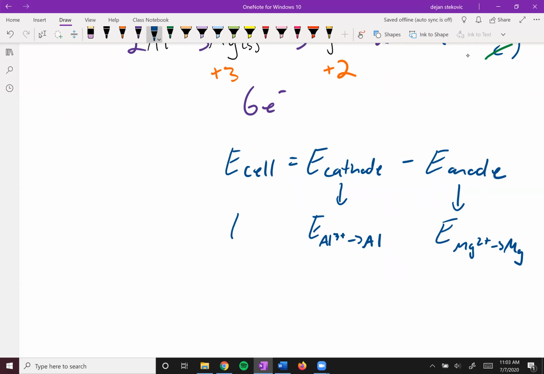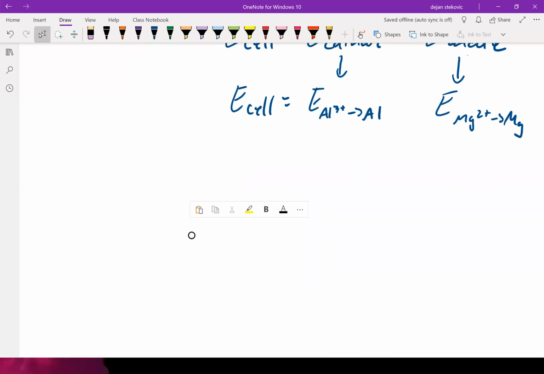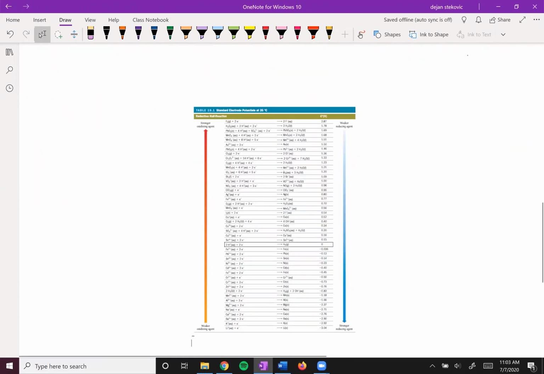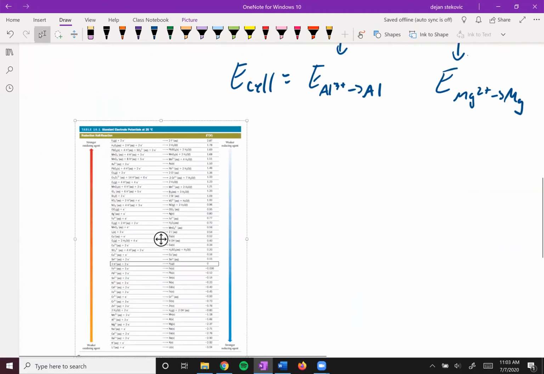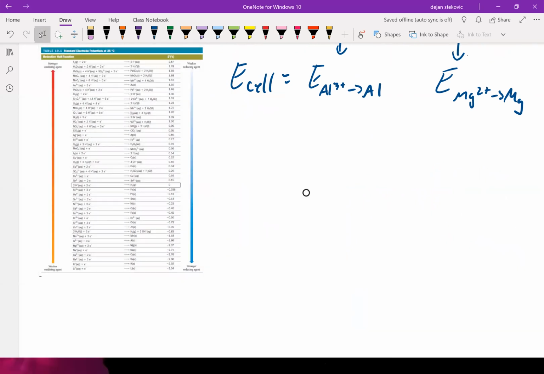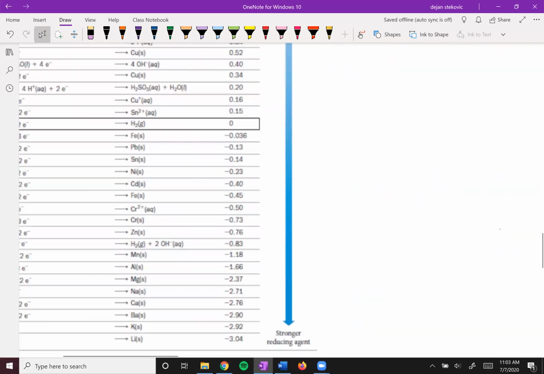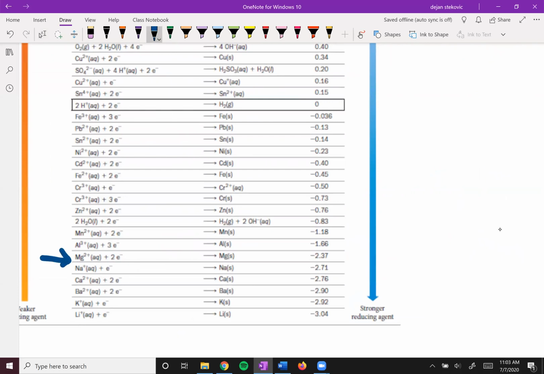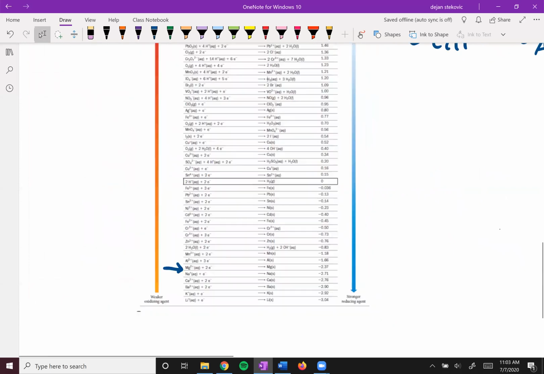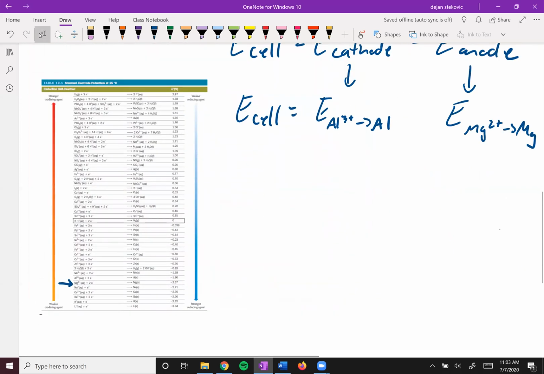So to find out what these values are, we need to take a look at our cell potential table. So we need to find aluminum and magnesium. So we look down here, here's magnesium right there. Magnesium 2+ to solid magnesium is negative 2.37. And then we look for aluminum.